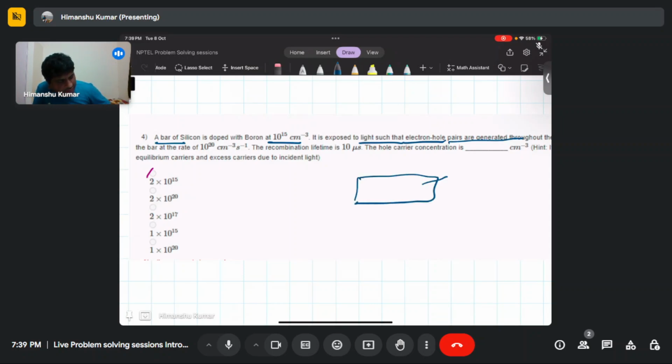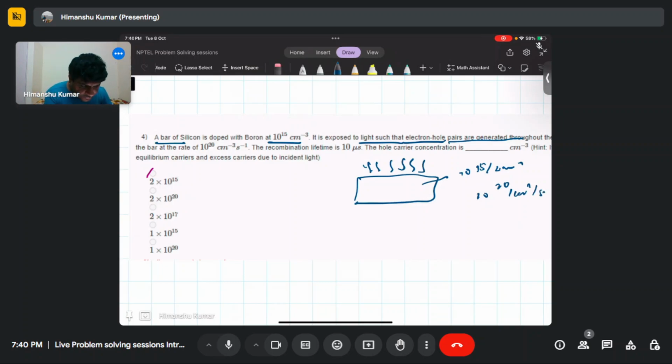The photons are injected at 10 power 20 per centimeter cube per second, generating carriers. The recombination lifetime tau is 10 microsecond. The hole carrier concentration is asked.